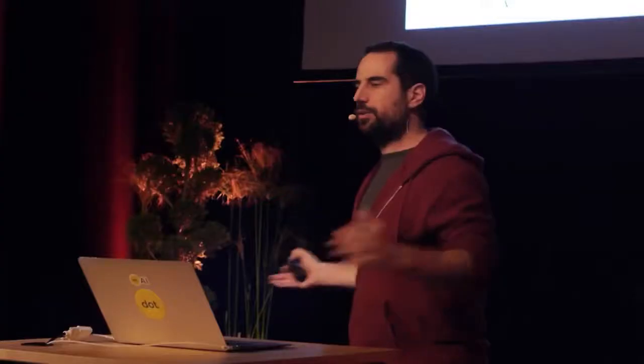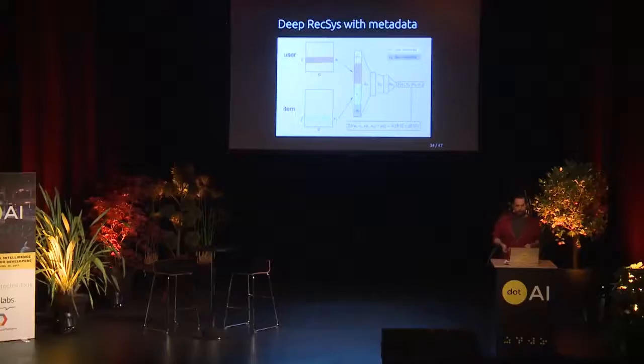And what is also interesting is that if some of the metadata is also categorical, for instance, the name of the director for a movie, you can also build a new embedding for the director names and a new embedding for movie genres and so on. And so you have many embeddings as the input of the network, so you have a lot more flexibility than just a single matrix factorization model.